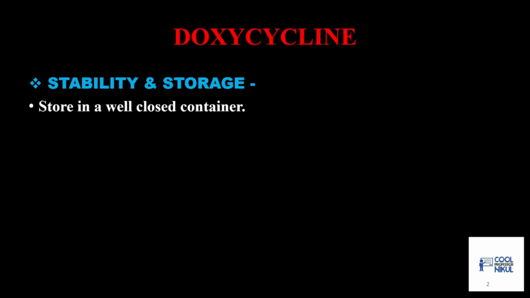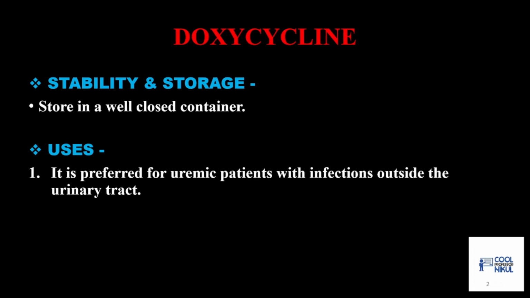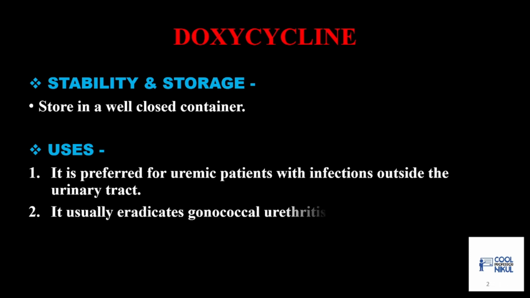First is doxycycline. Doxycycline, the stability and storage is it has to be stored in a well closed container that is away from the moisture. Then the uses are mainly in the uremic patients, means the patients which are having the problem related to their urinary system, in which the infections outside the urinary tract are mainly preferred, and it is usually eradicating the gonococcal urethritis.